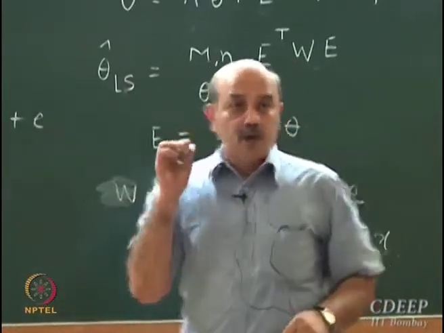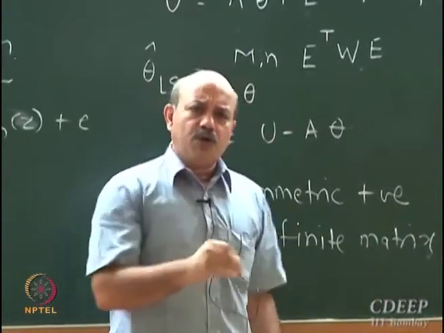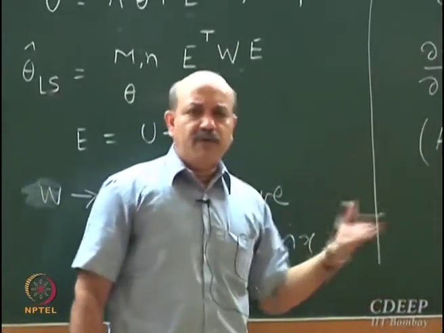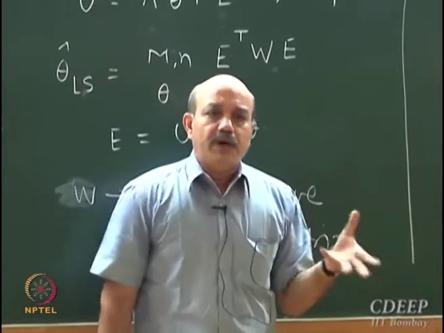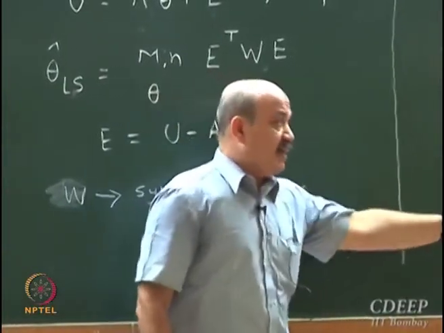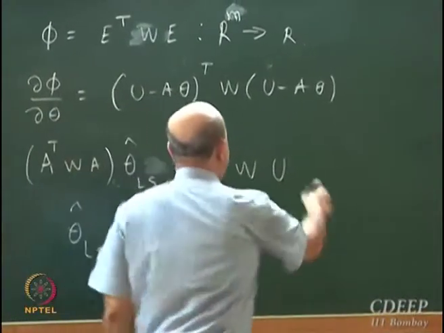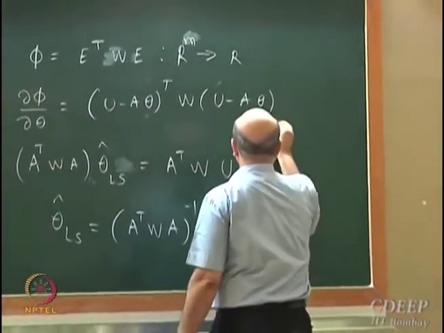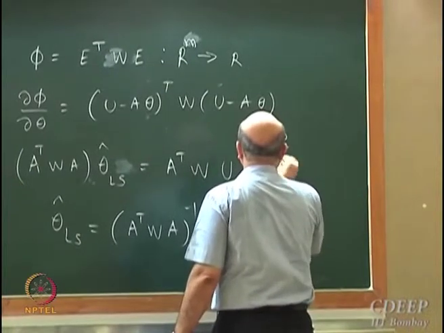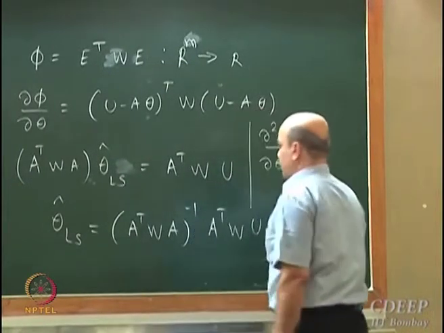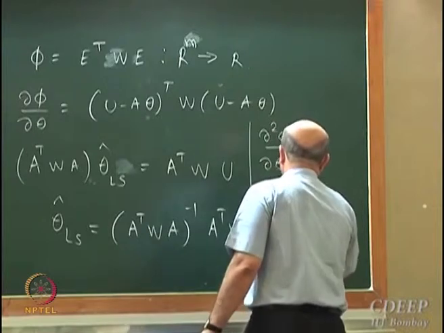Okay, so far we have done a lot of algebra, we have found the condition for optimality, then we looked at the second derivative. What is the second derivative here? That is dou 2 phi by dou theta square. This is nothing but 2 A transpose WA.